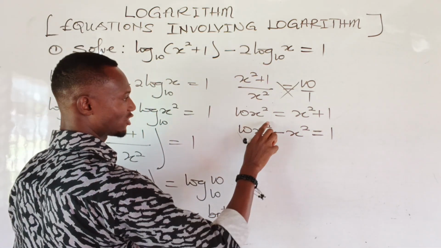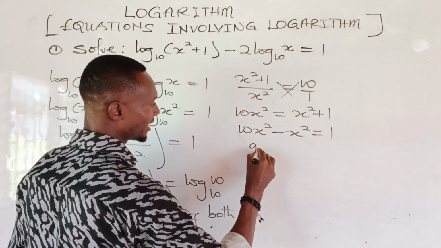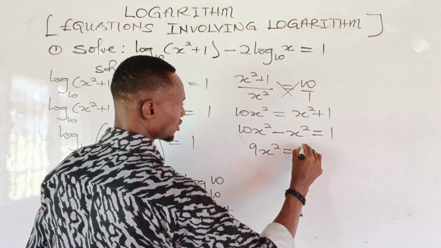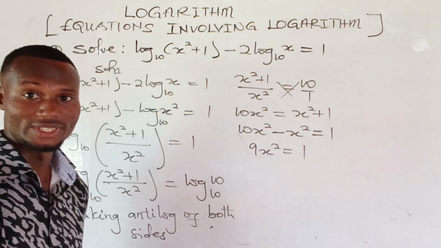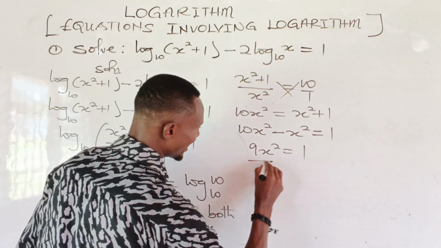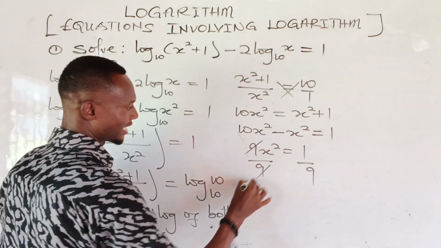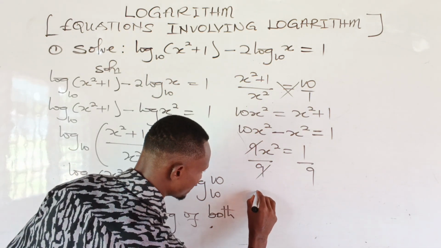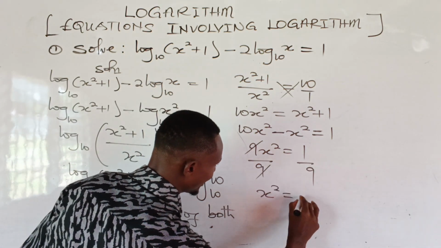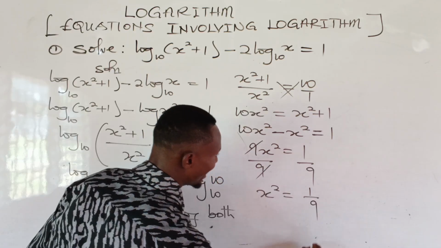Let's simplify. 10s squared minus s squared gives 9s squared equals to 1. So the next step is that I'm going to divide here by 9, here also by 9, so that this 9 and this 9 will cancel away. So I have my s squared equals to 1 over 9.